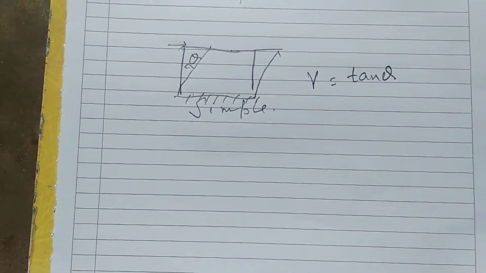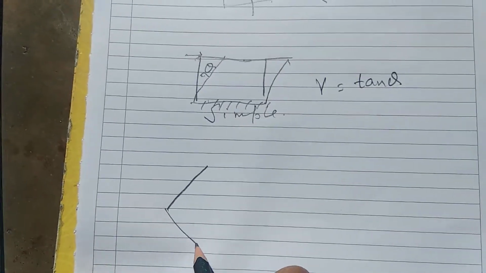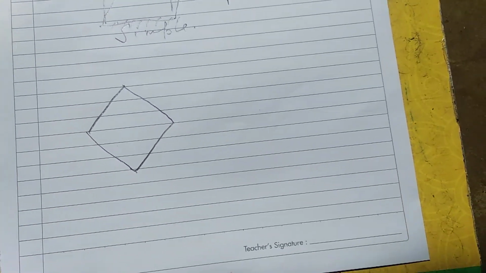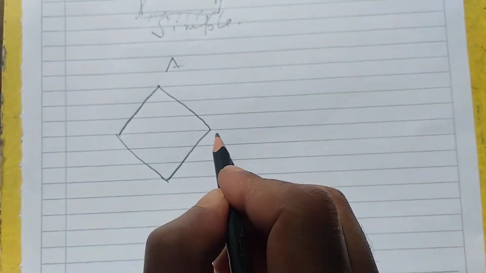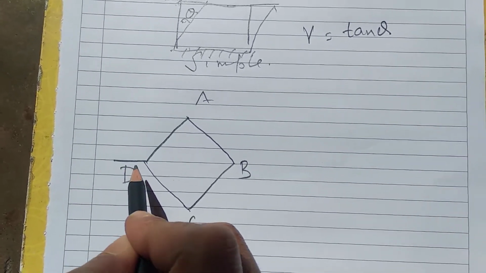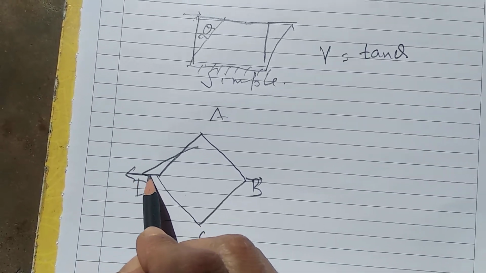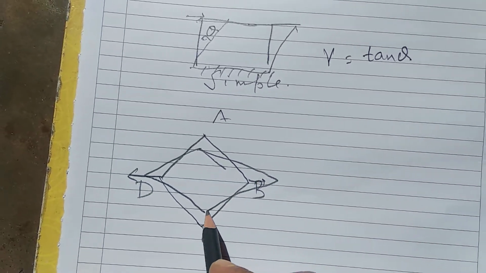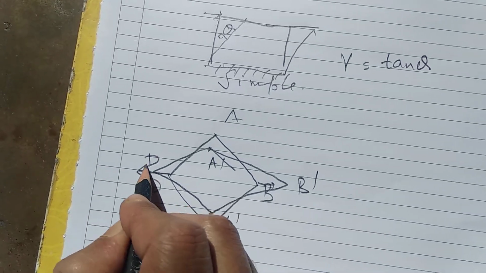The other one is, let's take a fabric. It's a square shape, right? If I just pull this portion, what will happen? It will change the direction this way: A dash, B dash, A dash, D dash.